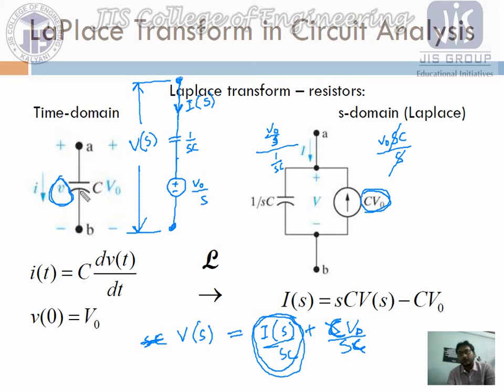If we want to convert this circuit into the Laplace domain, or s domain, we have to consider either a voltage source V0 by s in series with 1 by sC impedance, or a C V0 current source in parallel with 1 by sC impedance, if the capacitor has some previous or initial voltage.